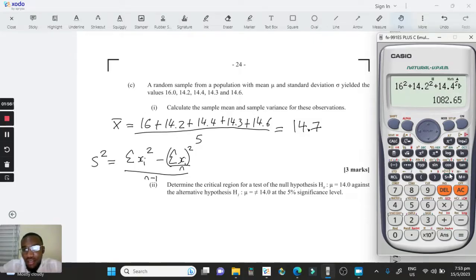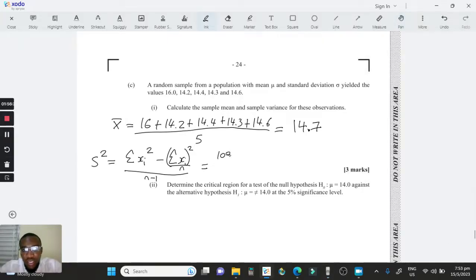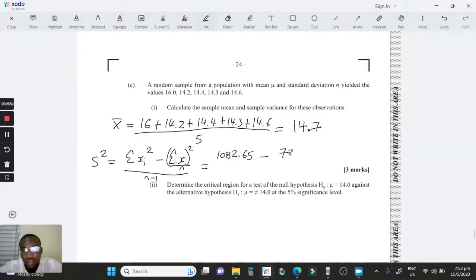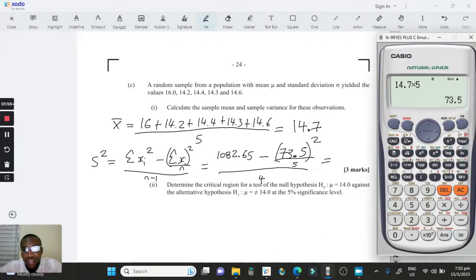That is this amount, 1082.65. 1082.65 minus, what was this again? The sum of xi. If we want to find that out again, that was 14.7 times 5, which was this amount, 73.5. We're going to square that, then we divide it by n, which is 5, then we divide that by 4. Plug all of that in the calculator to get our variance.